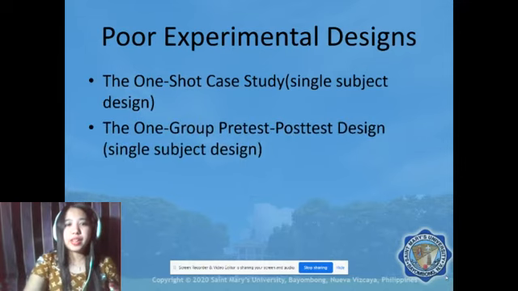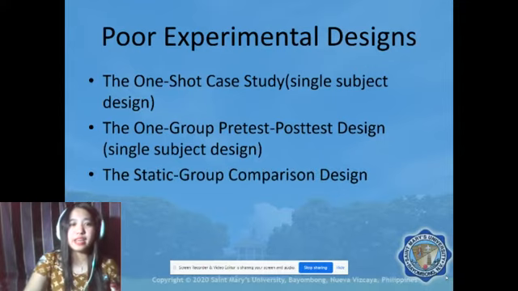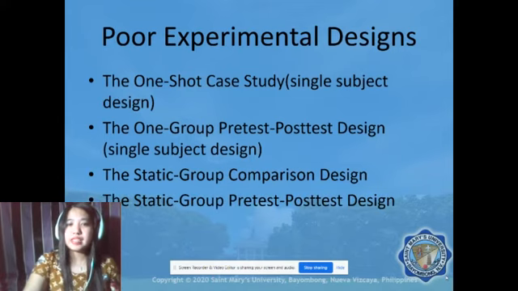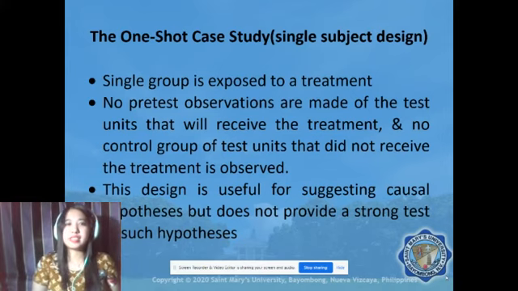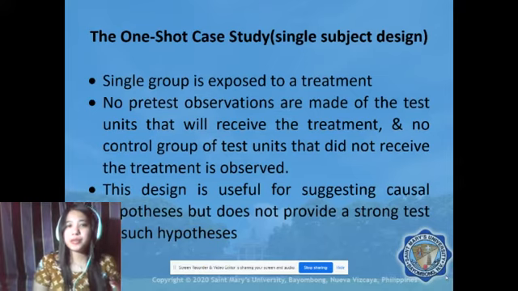And then for the other one, we have the one group pretest-posttest design, which is still a single subject design, and the static group comparison design and static group pretest-posttest design. For the first one, the one-shot case study or single subject design, it is a single group exposed to a treatment.